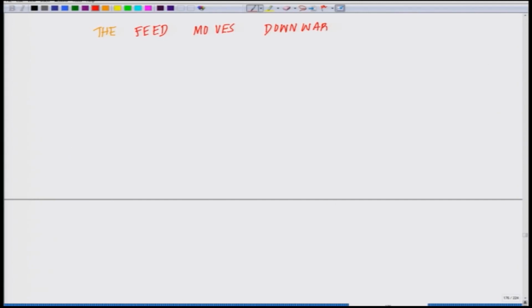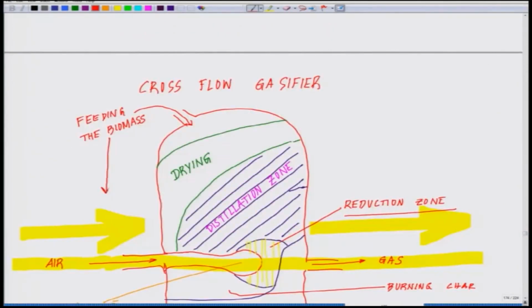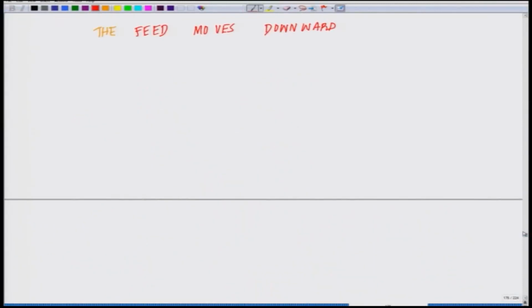As you could see, the feeder is at the top, so essentially feed is moving downward, while the air is introduced from the side.